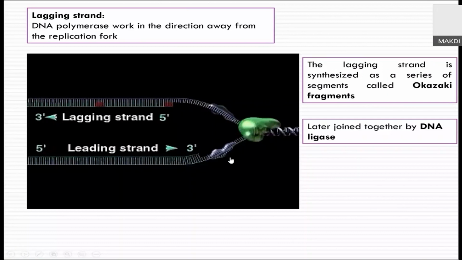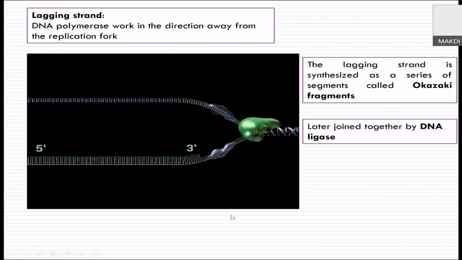For clarity, here we will just show the lagging strand being pieced together. We'll start with a brief overview of fragments being formed and linked. First, an RNA primer, shown here in red, forms the beginning of each fragment. The rest of each fragment is then synthesized from DNA nucleotides in a 5' to 3' direction.